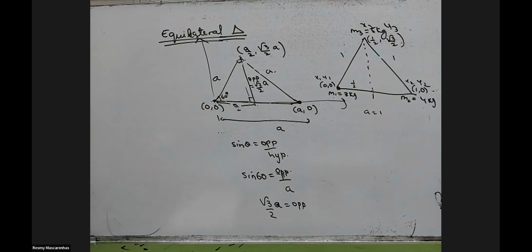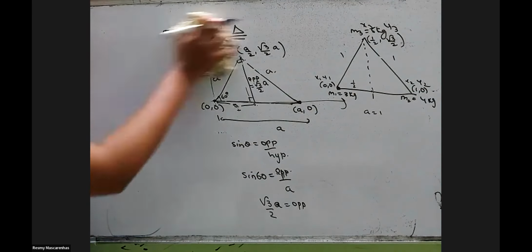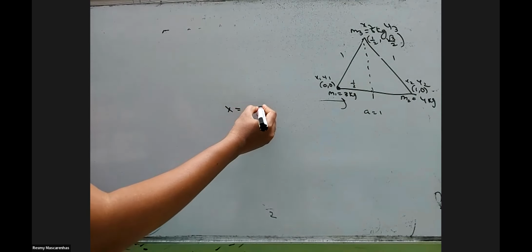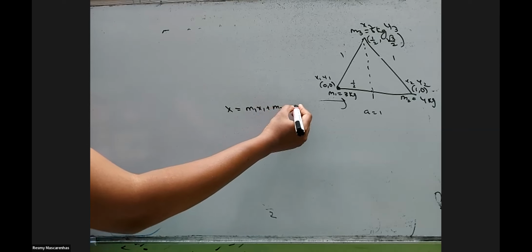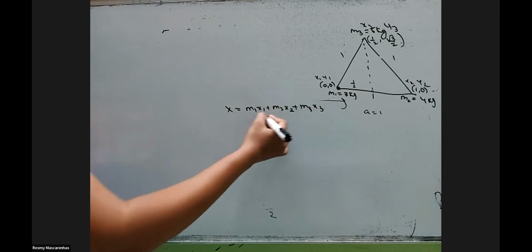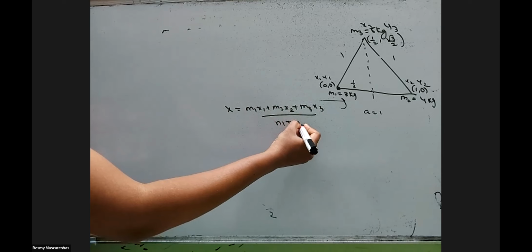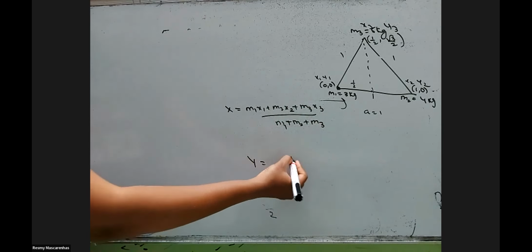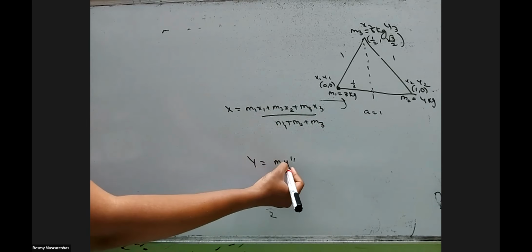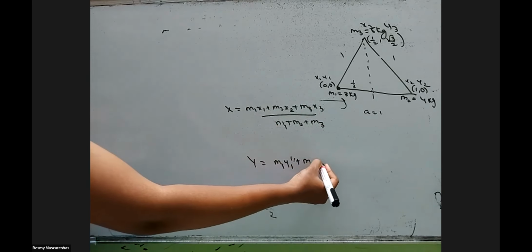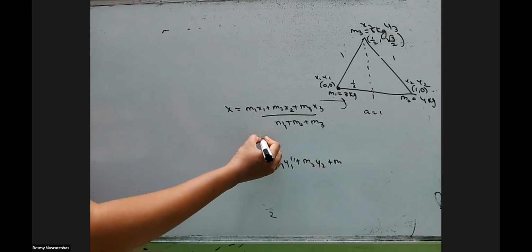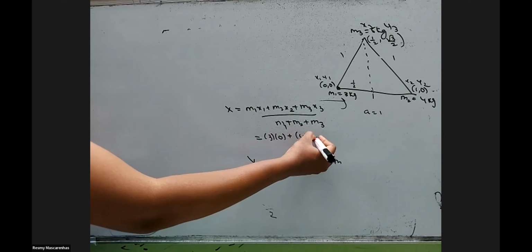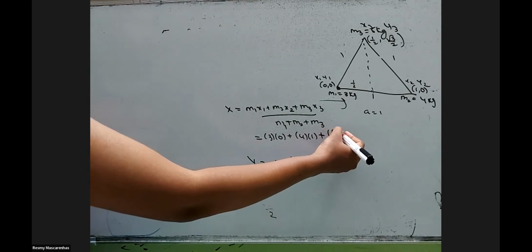Now you know how to solve. The formula will be only for 3 particles now. X will be m1 x1 plus m2 x2 plus m3 x3, and in the same way y also, m1 y1 plus m2 y2 plus m3 y3. So this is 3 into 0, 4 into 1, 5 into half.